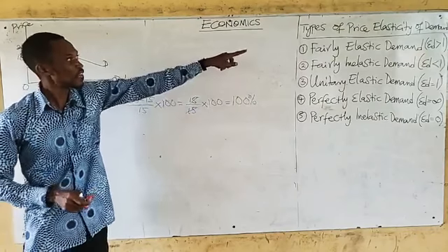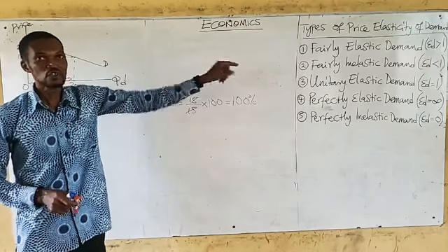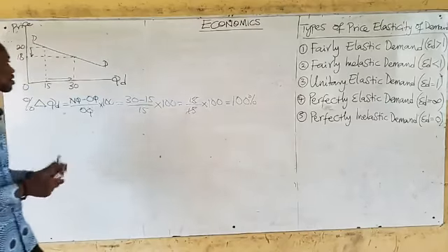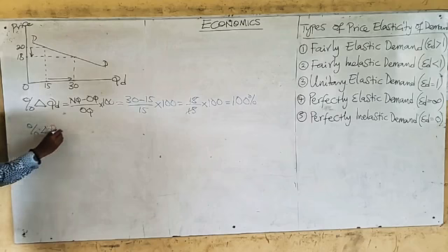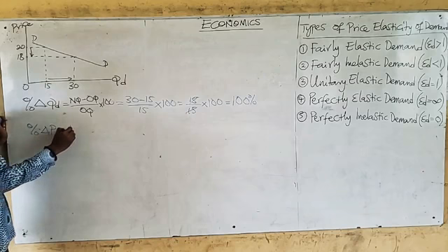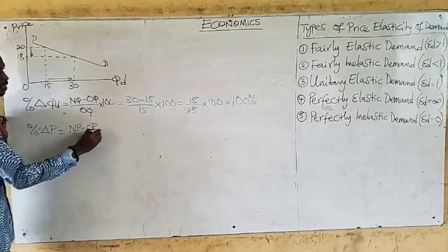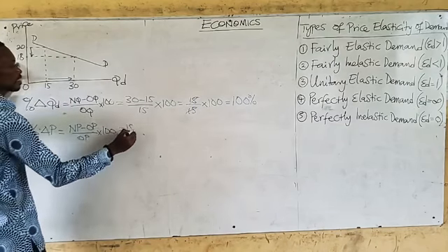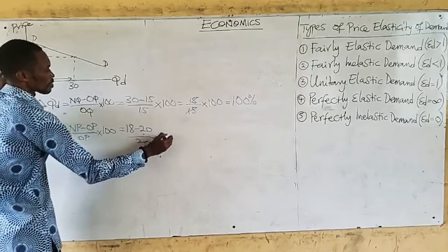And we said that for fairly elastic demand, the percentage change in quantity demanded should be greater than the percentage change in price. We've done the percentage change in quantity. So we want to look at the percentage change in price. What are we going to get? It will be new price minus the old price divided by the old price times 100, which is the same as 18 minus 20 divided by 20 times 100.